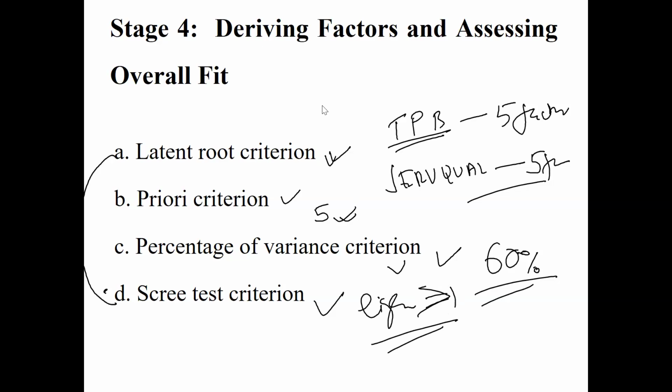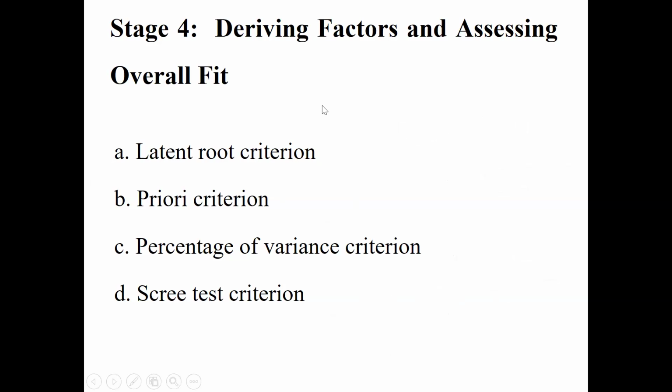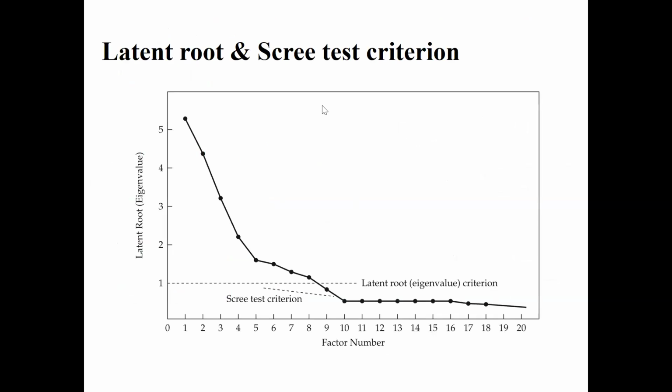The next is the latent root and scree test criteria. You can ask yourself how many factors should I retain? The first criterion is latent root criteria, and you can check it here. How many questions? 18 questions, question number 1, 2, 3, total 18.